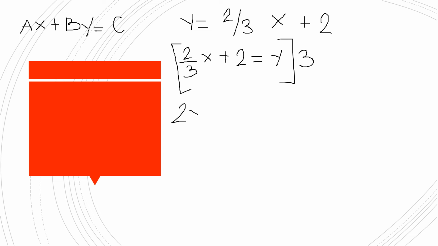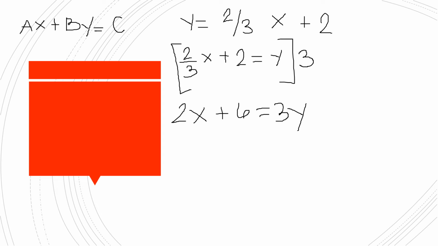So, it becomes 2x. Then, plus 3 times 2 is equal to 6. So, 2x plus 6. Then, next is 3 times y, of course, that is equal to 3y.